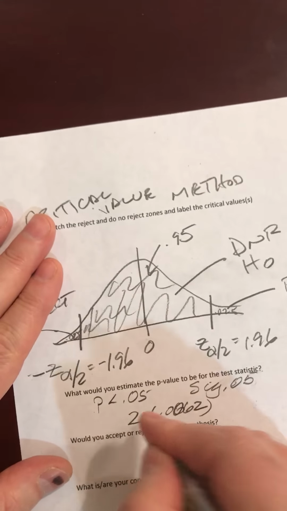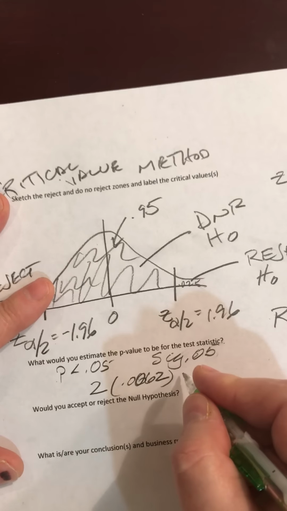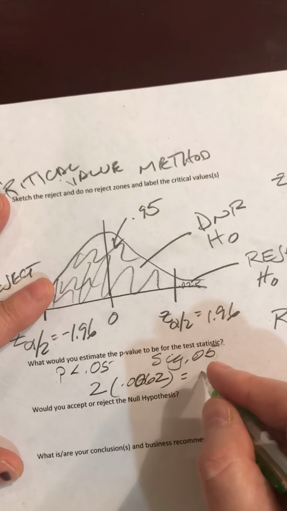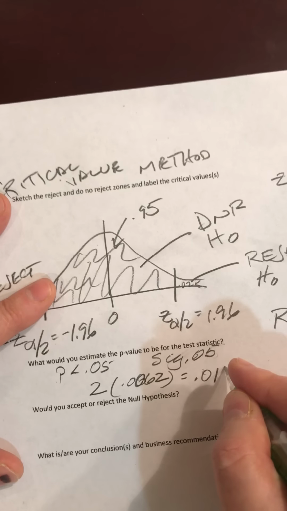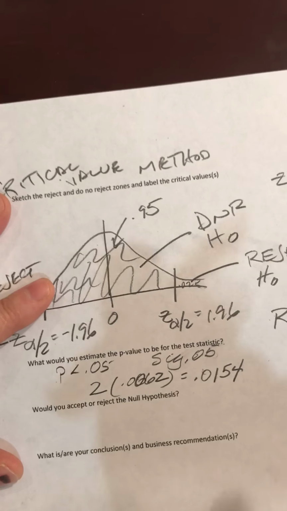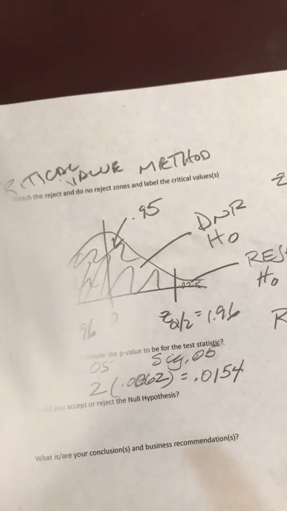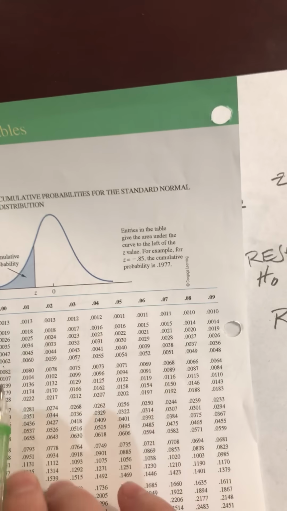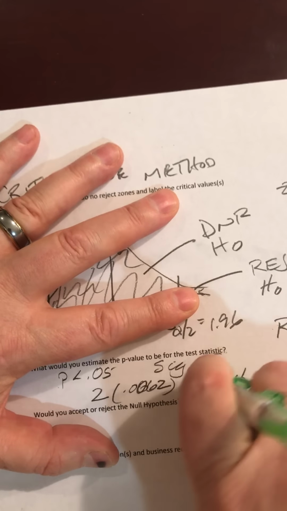However, because it's a two-tail test, I need to multiply the probability I found to get the two-tail value. Let me recheck that number one more time: 0.0062. 2 times 0.0062 would actually be 0.0124.